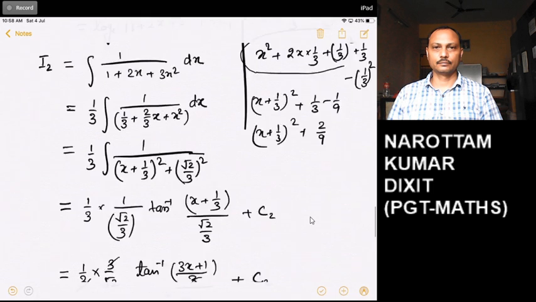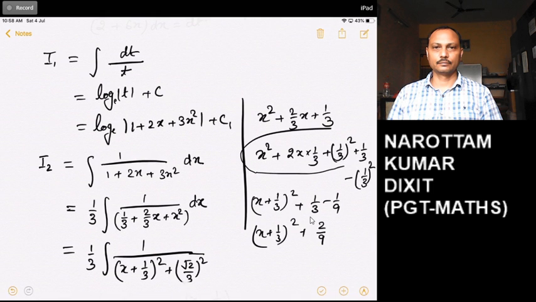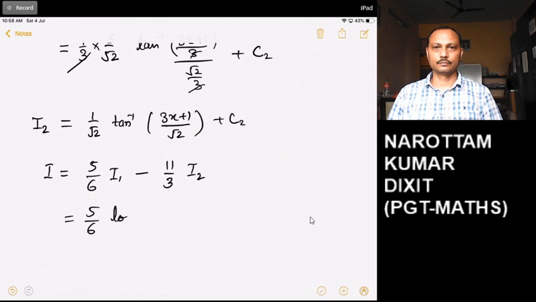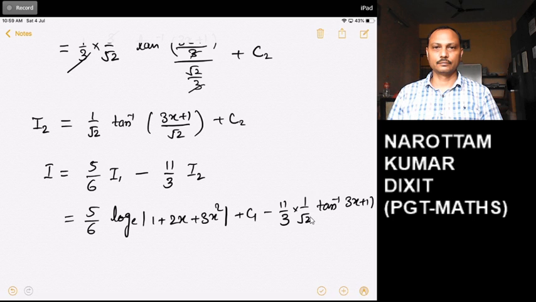The value of I1 is log of mod of 1 plus 2x plus 3x square plus c1, minus 11 upon 3 times the value of I2, which is 1 upon root 2 tan inverse 3x plus 1 upon under root 2 plus c2.